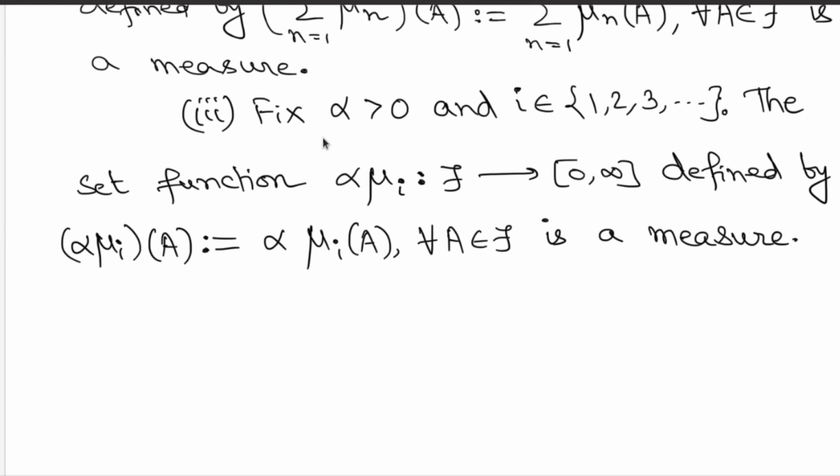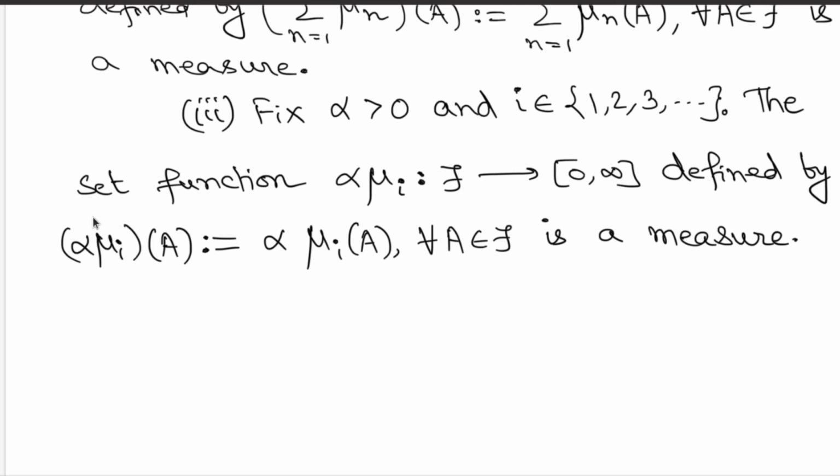And the final exercise is that you can now scale it by appropriate scalars alpha. So choose any arbitrary alpha and choose this index i from 1, 2, 3 and so on. Then if you take any measure that you have considered earlier, mu1, mu2, and multiply by alpha, you get a measure. So how is it defined?